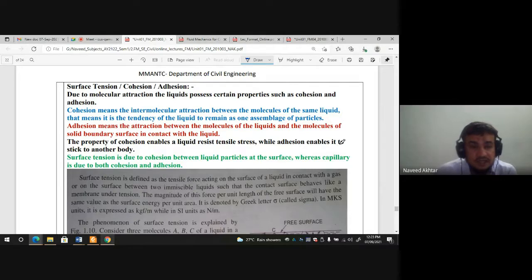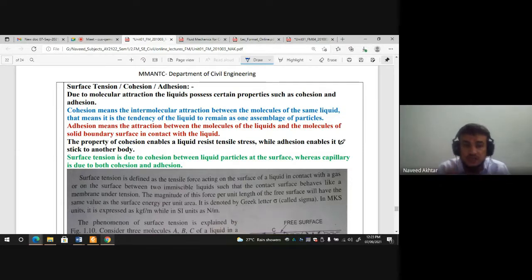Cohesion means the intermolecular attraction between the molecules of the same liquid. It is the tendency of the liquid to remain as one assemblage of particles. They attract each other and assemble as one unit.